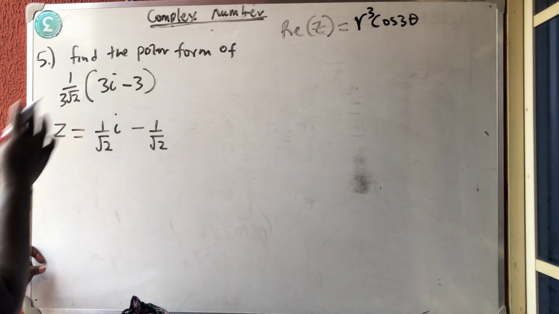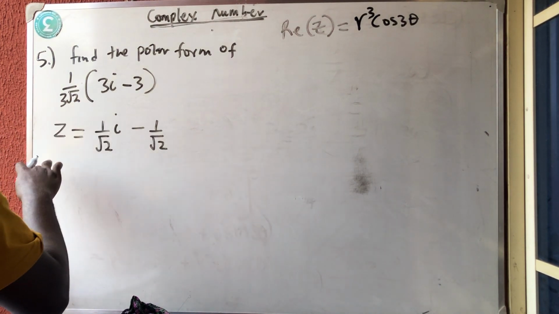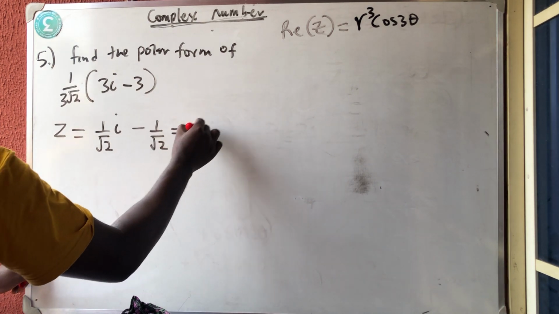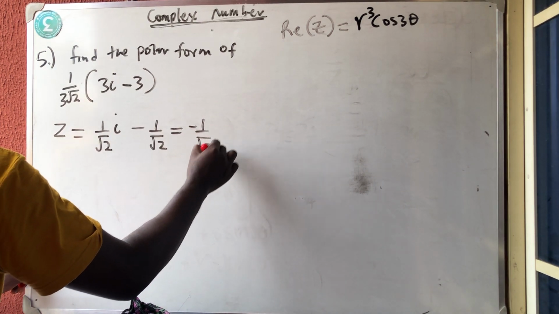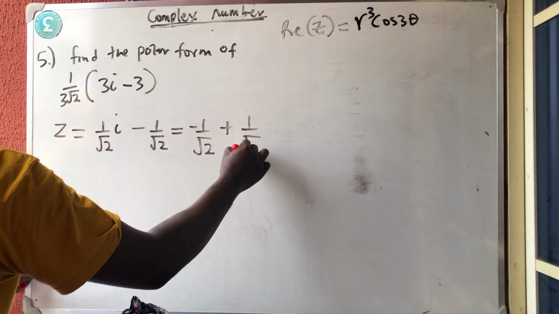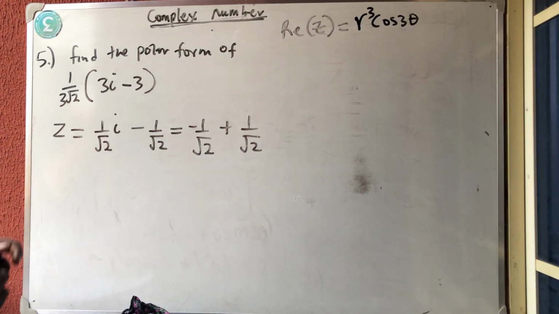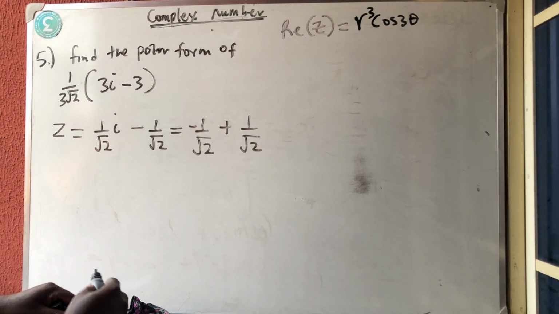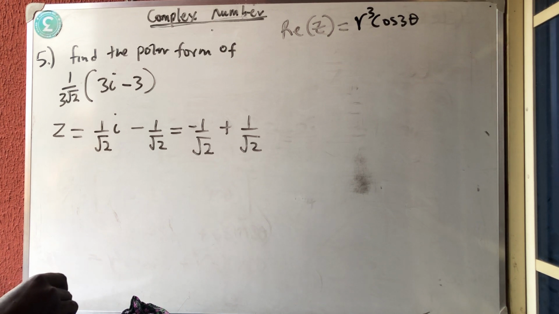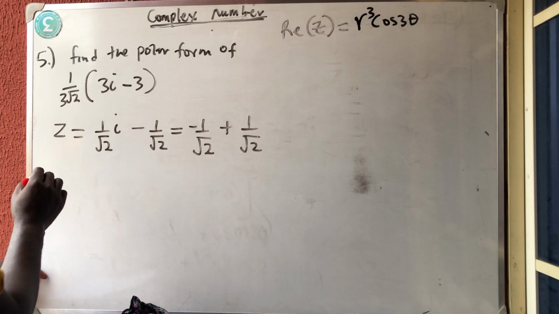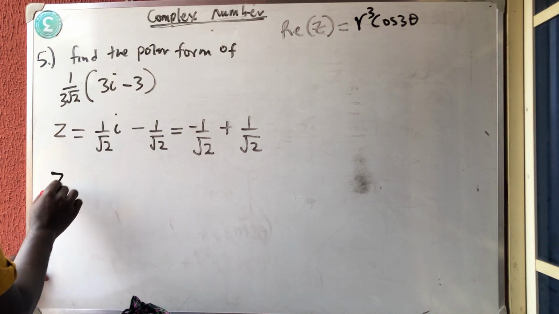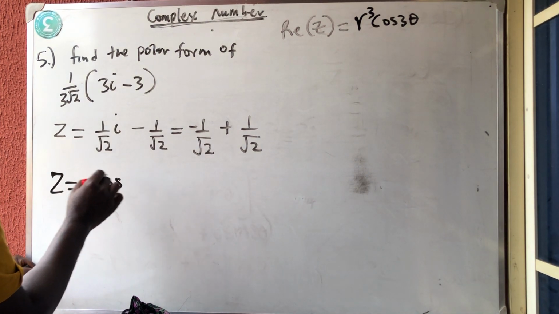Okay, let me arrange it very well, the real part first before the imaginary part. So this is equal to minus 1 over root 2 plus 1 over root 2 i. In trigonometry, the only thing that will give me 1 over root 2 is cos 45 or sin 45.